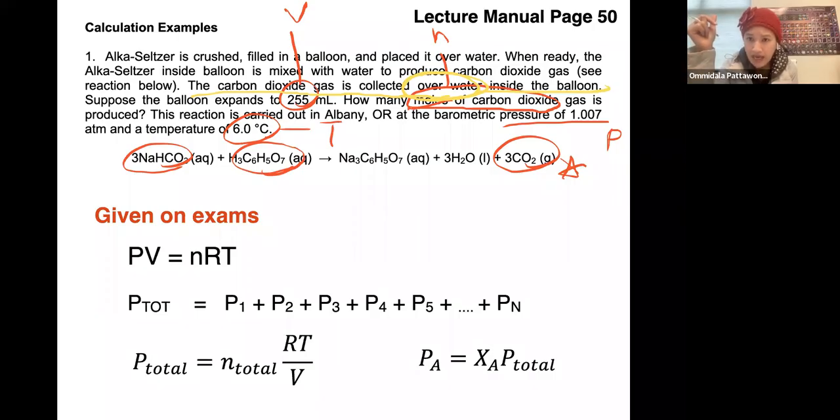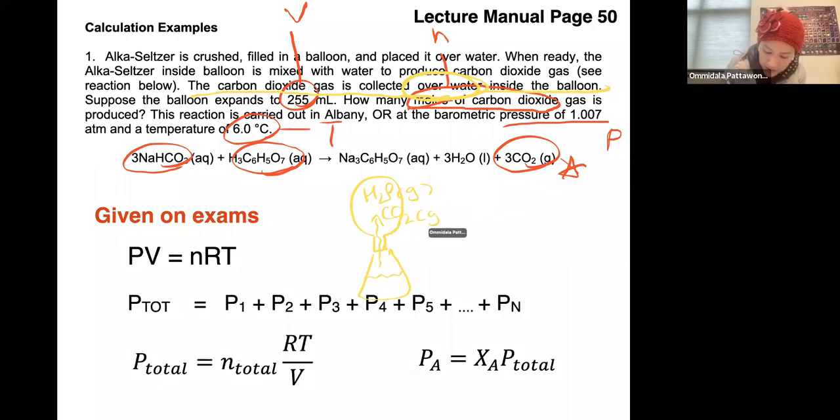That means in this case, you are going to have to consider the partial pressure of water as well, right? Because if you think about it, the balloon that is collecting above water, the water is evaporating, right? So you're going to end up with water pressure in there. You're also going to collect the CO2 gas that is being formed. So this balloon right here contains both.